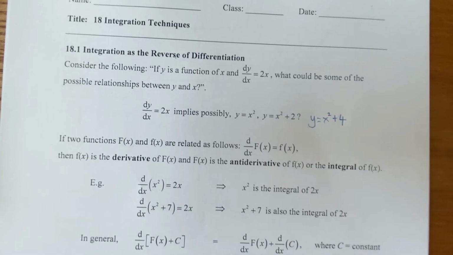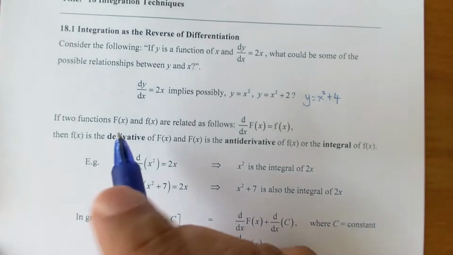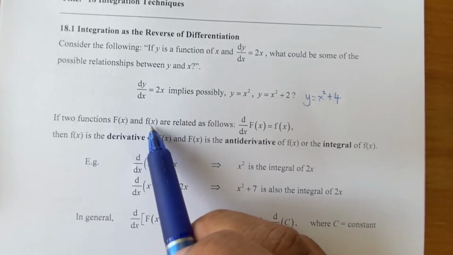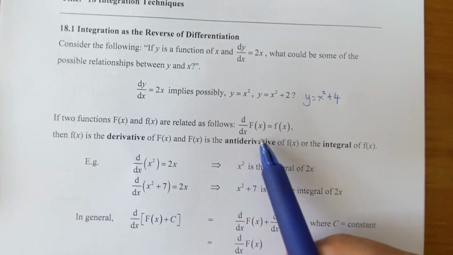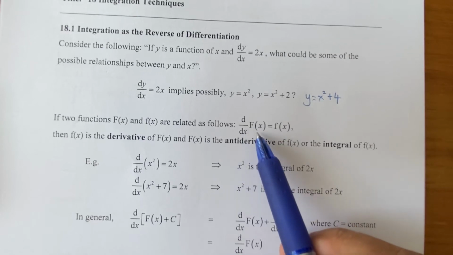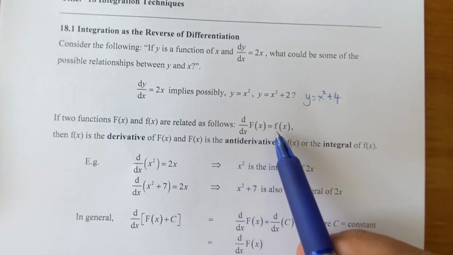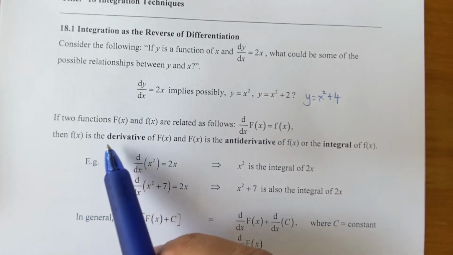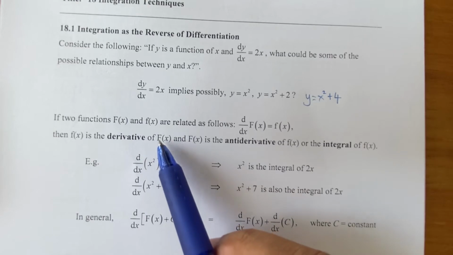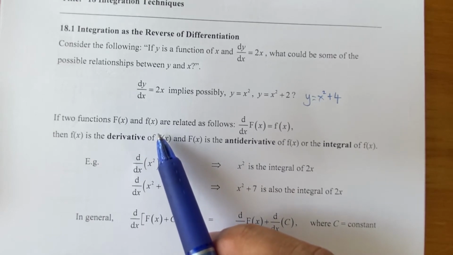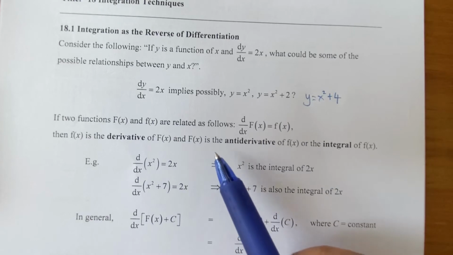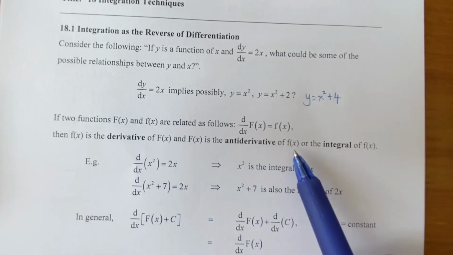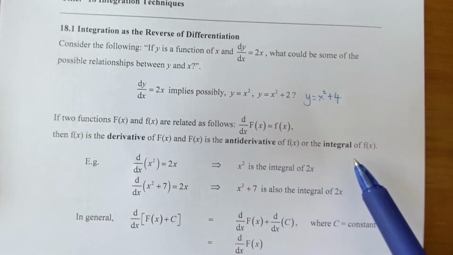In other words, if I have these two functions, one is a capital F of x, one is f of x, they are related such that when I differentiate the capital F of x, I get f of x. Then f of x is also called the derivative of the function capital F of x. And capital F of x shall be what we call the antiderivative of f of x, or the integral of f of x.